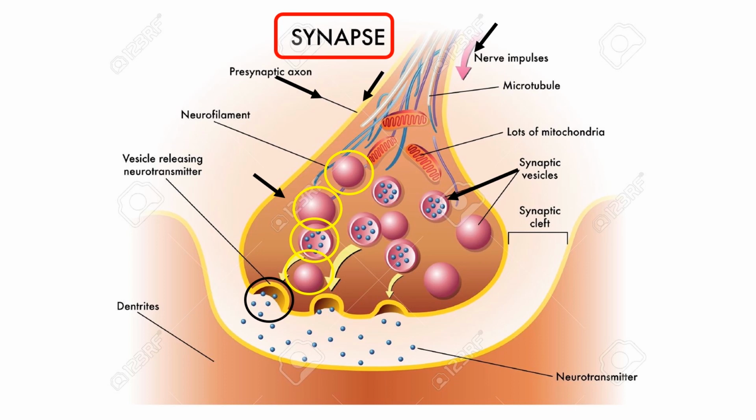This space is called synaptic cleft, and these neurotransmitters are going to be picked up by receptors of which cell? Of the next cell. And this is the way the neuron transmits its messages to the next through the structure of synapse, by way of releasing neurotransmitter.